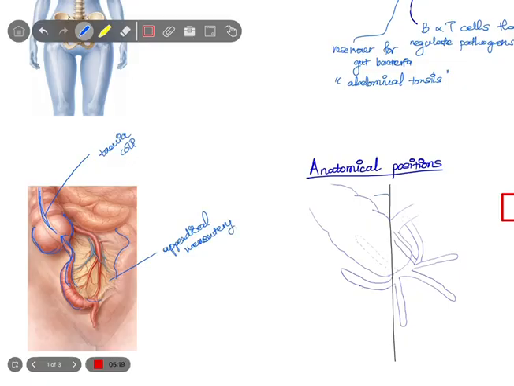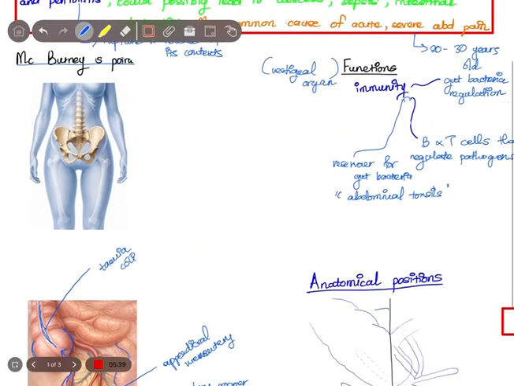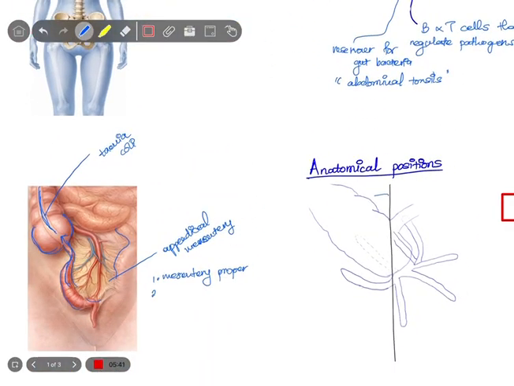Now, let us get a quick reminder of the mesenteries that we have in the abdominal cavity. Firstly, we have the mesentery proper. I'll quickly write them here. Mesentery proper, which suspends the jejunum and ileum from the posterior abdominal wall. We have also the transverse mesocolon, which connects the transverse colon to the posterior abdominal wall.